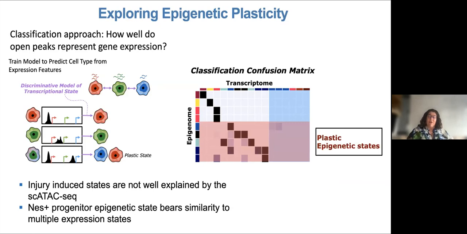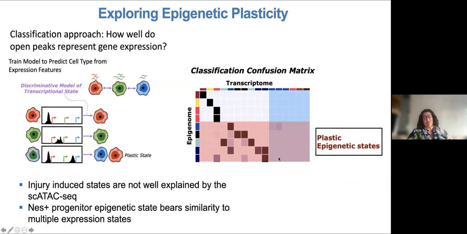Even more interesting are these plastic states, these clusters of ATAC-seq that seem to have a propensity to classify towards more than one transcriptional state, that they have open chromatin that really resembles quite a few different transcriptional states. And that's really what we wanted to look at.